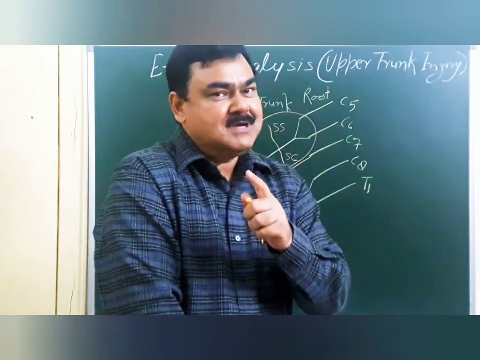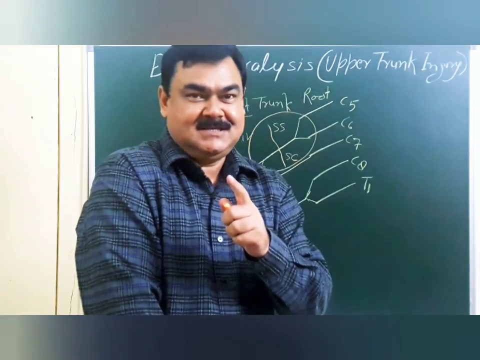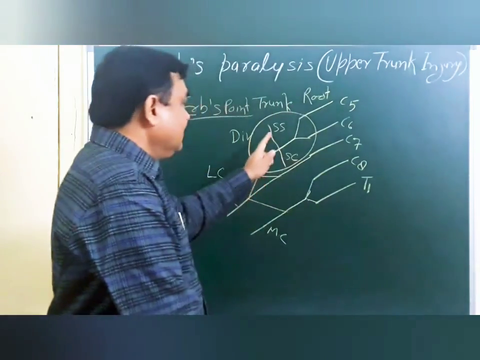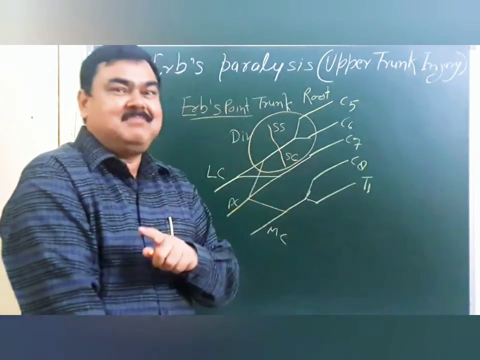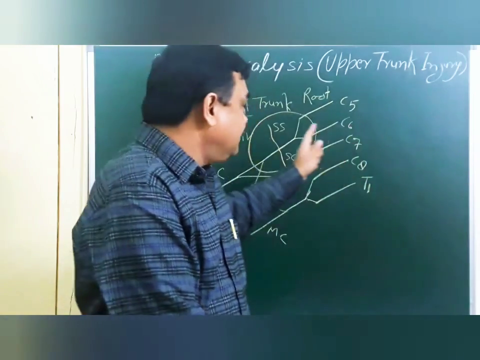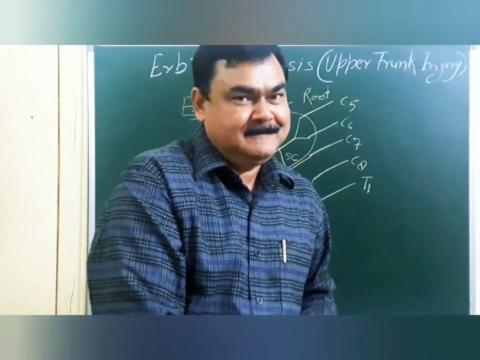So all 3 muscles are supplied by root values C5 and C6. Supraspinatus and infraspinatus are supplied by suprascapular nerve, and teres minor is supplied by axillary nerve. Both nerves have root value C5 and C6.